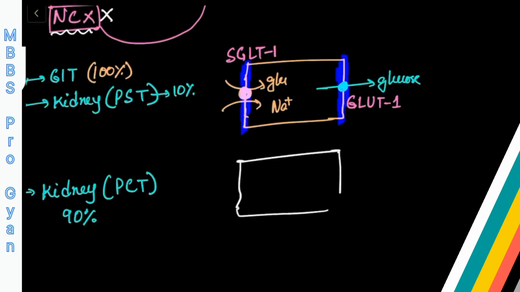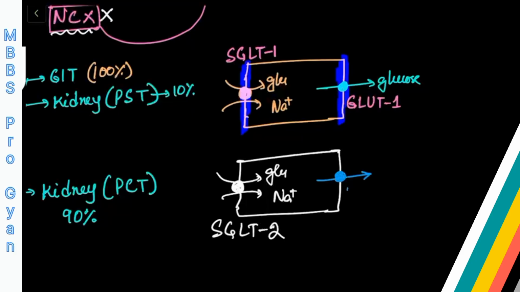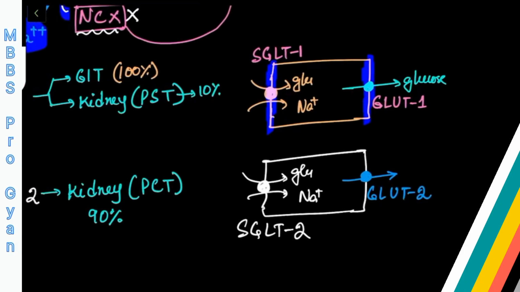And if you look at SGLT2, the opposite thing will happen. SGLT2 will again absorb glucose along with sodium on the luminal aspect. On the basolateral aspect, the transporter for glucose is GLUT2, right?